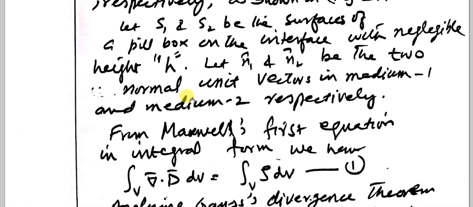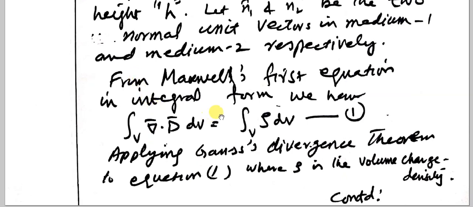From Maxwell's first equation in the integral form, we have the divergence of D integrated over the whole volume: the volume integral of divergence of D dv is equal to the volume integral of rho dv, where rho is the volume charge density.